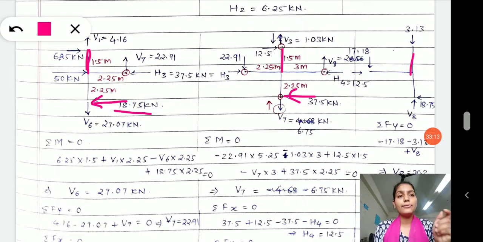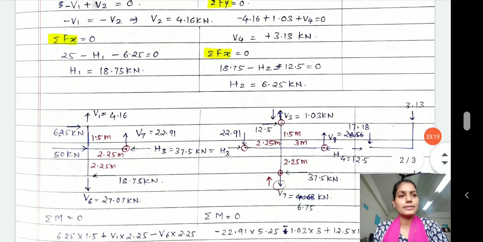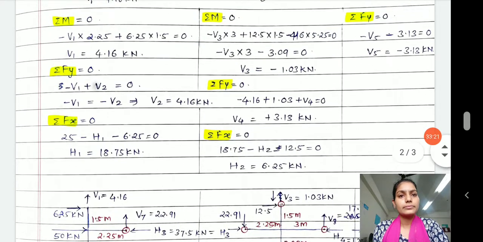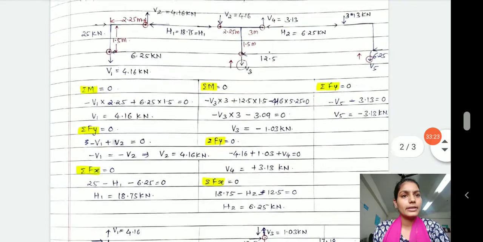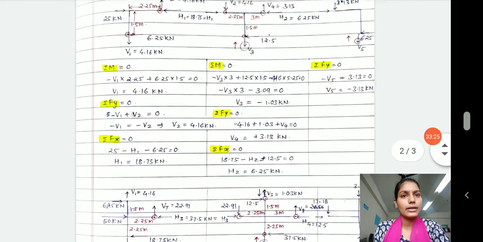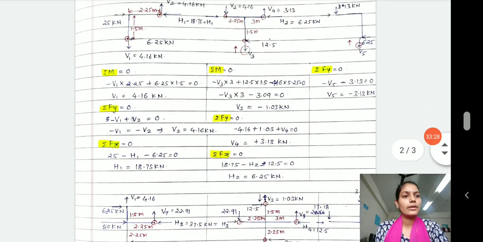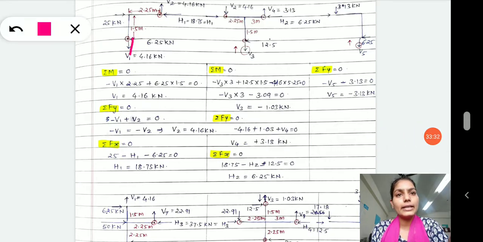And the forces acting on this column will be taken from the above frame analysis. See here, I hope you can see it. Here a vertical force in a downward direction, of magnitude 4.16. So how will it act in my next frame?